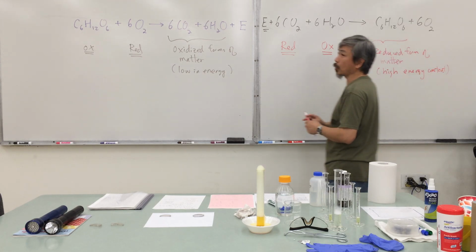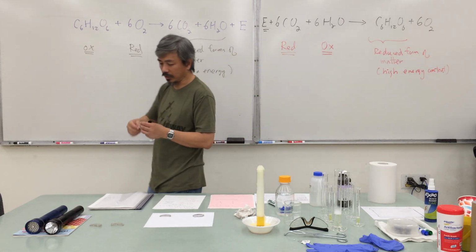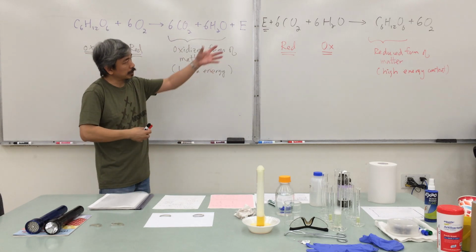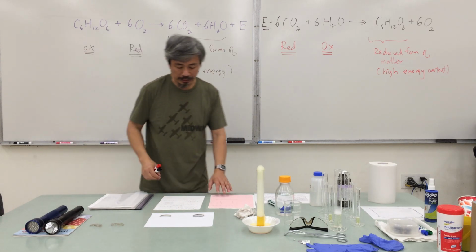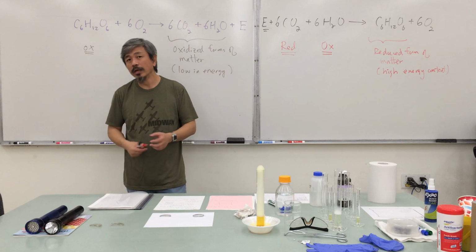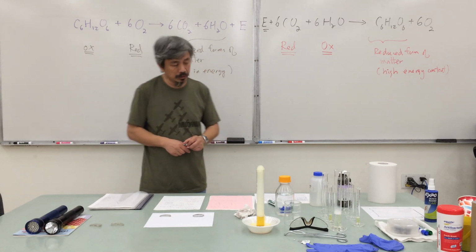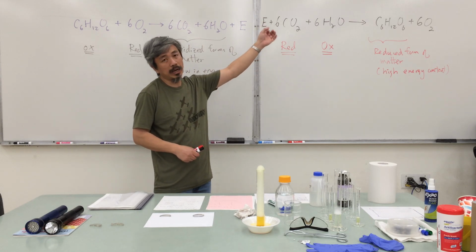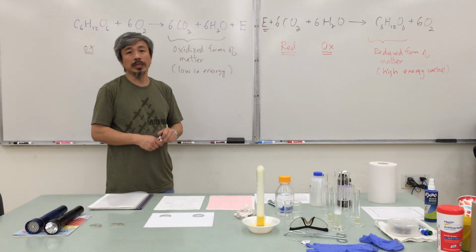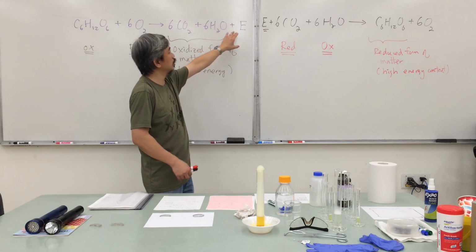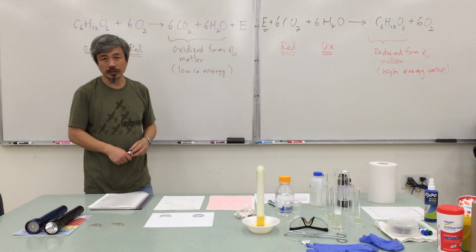This is where you actually store up energy, whether it's in complex sugars, or even in things like gasoline, or coal that we dig up from the ground. All these reduced forms of matter are high in energy content, and we can then reverse the process to extract the energy back out through another oxidation reduction process.